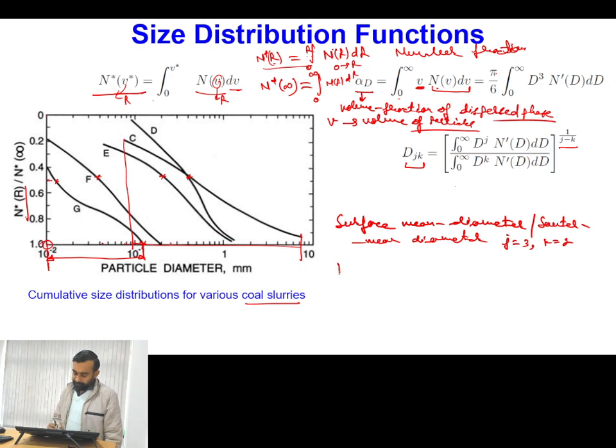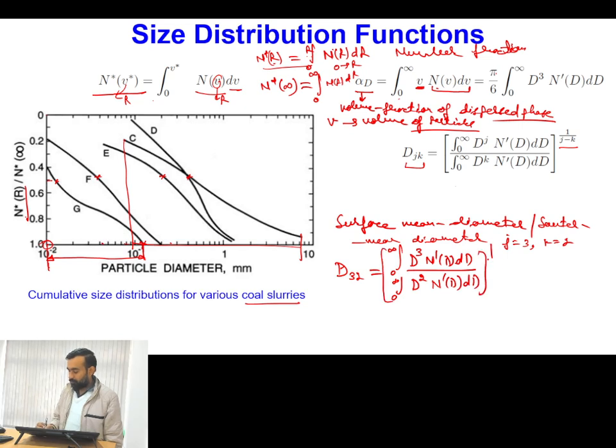What will you get? d32 equal to the integral from 0 to infinity of d cubed n dash dd, divided by the integral from 0 to infinity of d squared n dash dd, whole power 1 by 3 minus 2, which is 1.